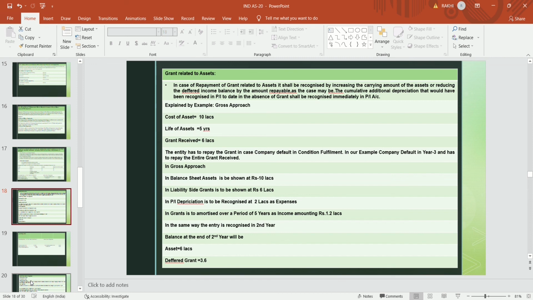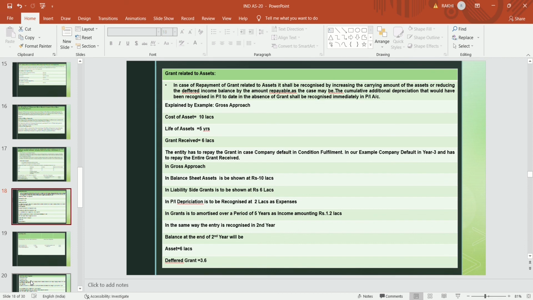So in the gross approach, in the balance sheet, the company will show, at the time of initial recognition when they get the grant from the government, and at that time they don't know that they will not fulfill the condition, 10 lakhs as an asset, and on the liability side, 6 lakhs as a grant.